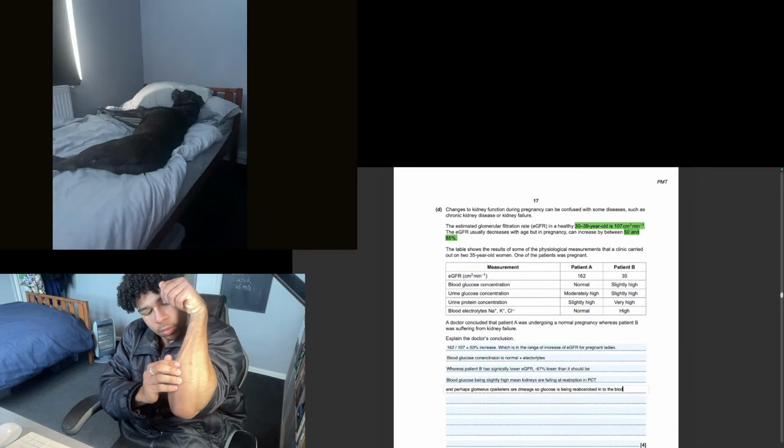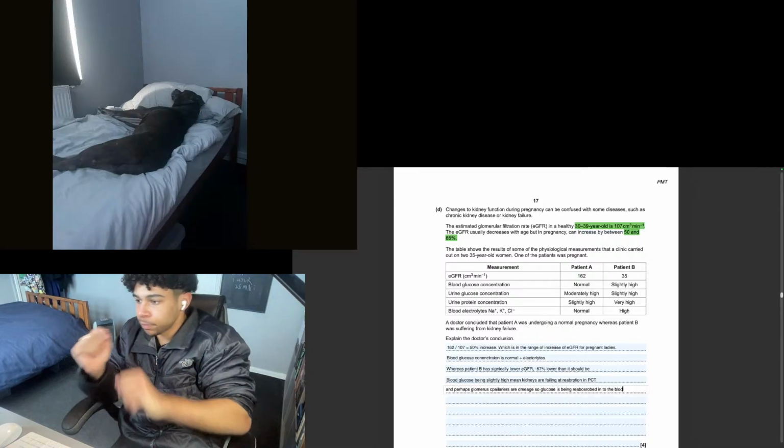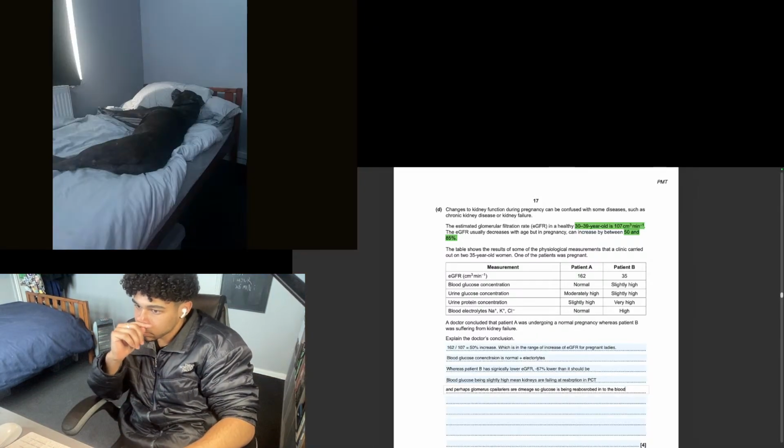Same for the electrolytes. And then I'll just say urine glucose and urine protein can be effects of the pregnancy.